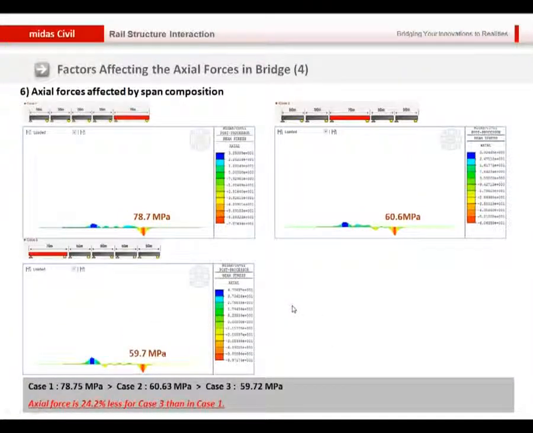Also, the composition of the span is a big factor. As you can see, if our deck has different lengths, depending on the position of this deck, we can see different axial stress.